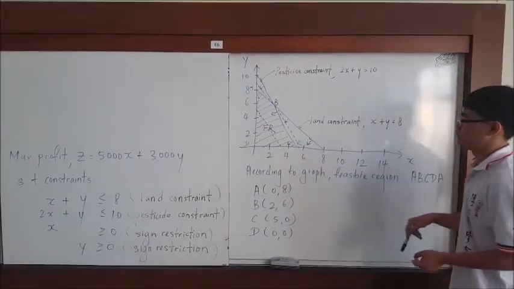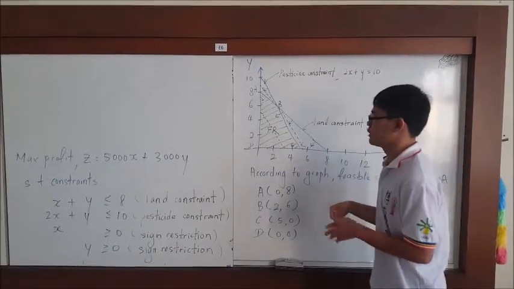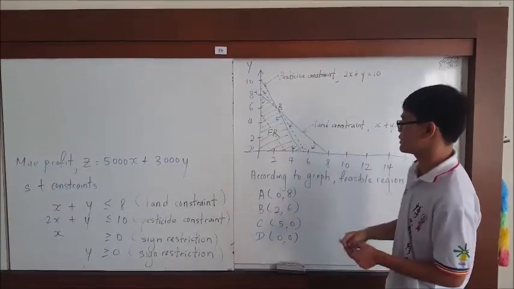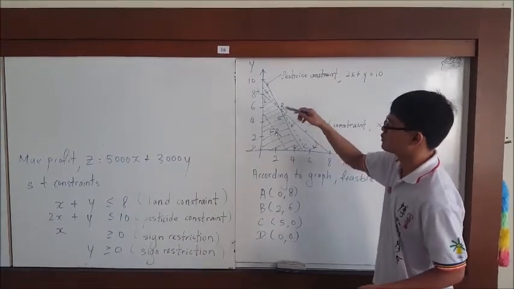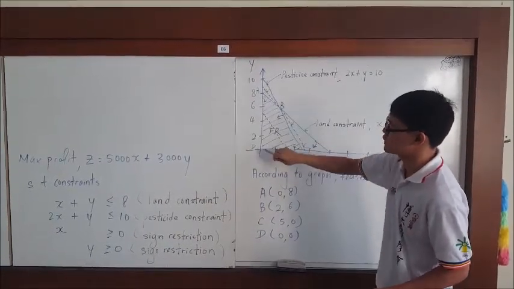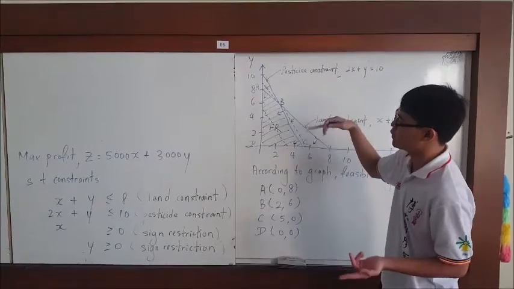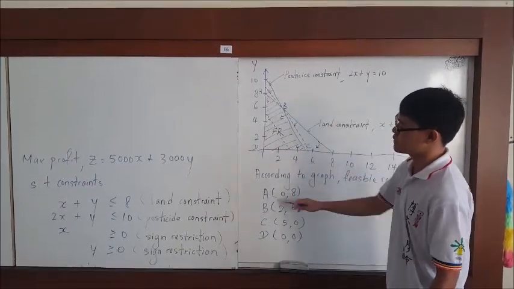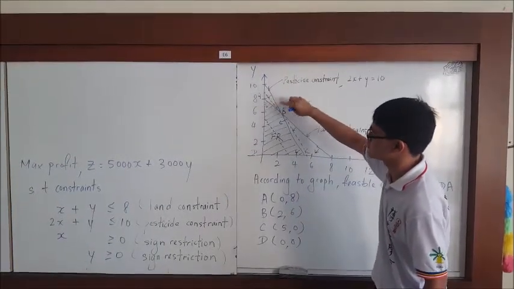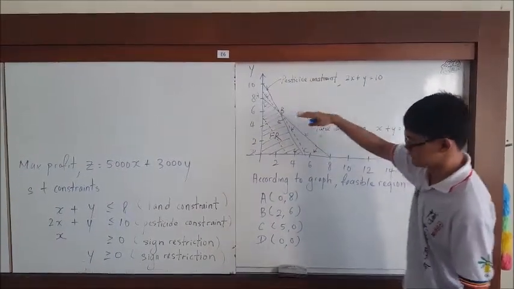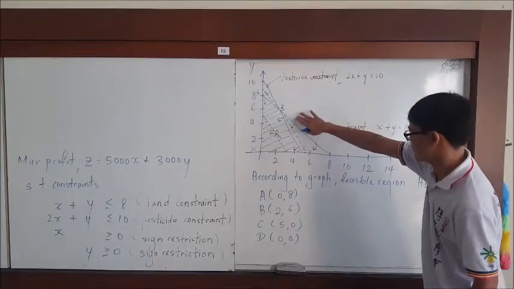Then for us to more easily locate the position of the feasible region, we can use some alphabets to denote the corners of the feasible region. For example, like what I do here, I use the letters A, B, C, D to denote the corners of the feasible region, as shown here.